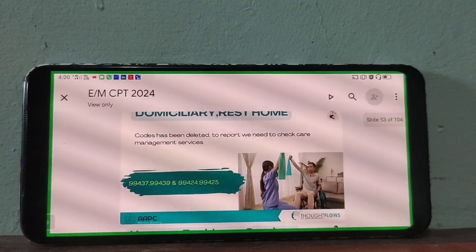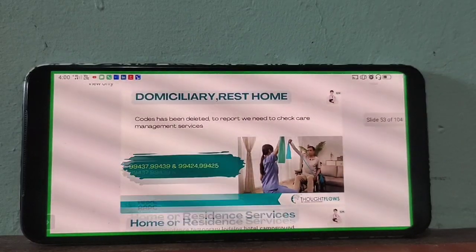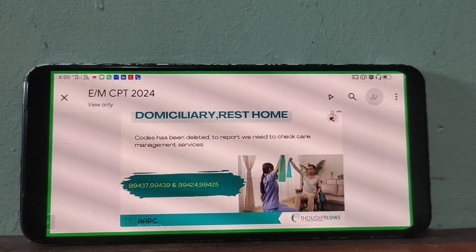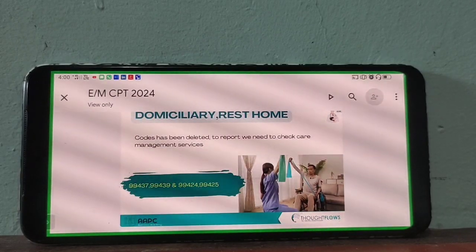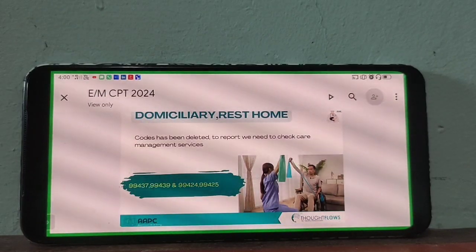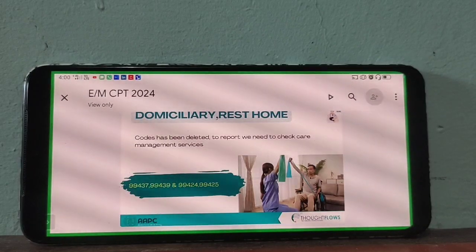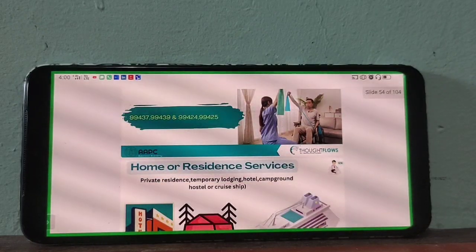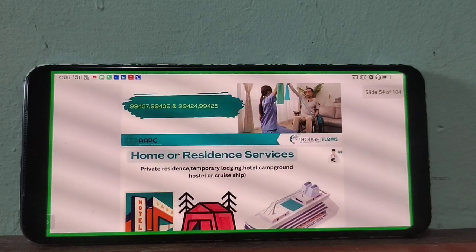Suppose a doctor gives treatment for the patient apart from the hospital, for example in a hotel, ship, or during air travel, that comes under domiciliary rest home. But all are now considered as a home or residence service.